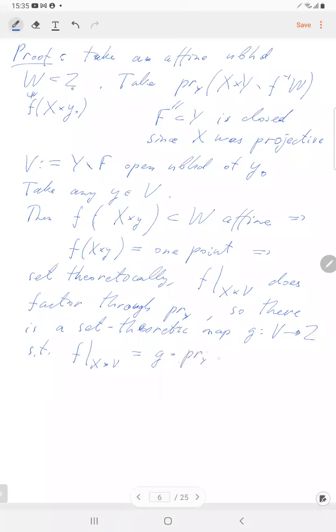And now I have to check that G is an algebraic morphism.